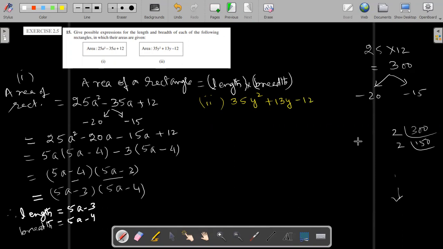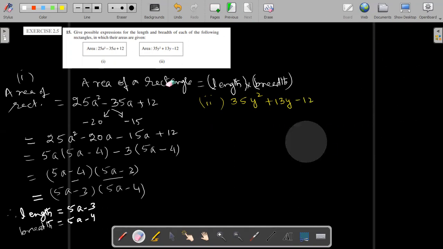So we have to multiply 35 into minus 12 to get the factors. We should consider the sign also. So 35 into minus 12, you will get minus 420.